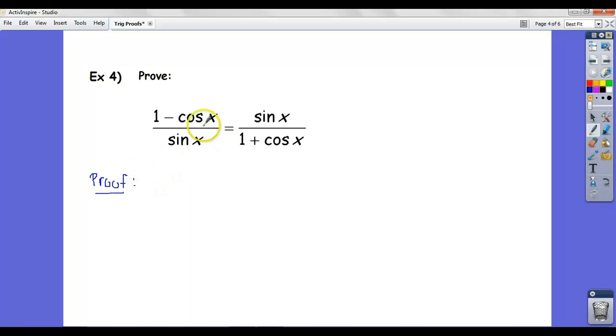They almost look the same, except that's a minus, that's a plus, and the cosine is on the top here and on the bottom here. I'm just going to start with the left-hand side, and again, I have to end with the right-hand side here.